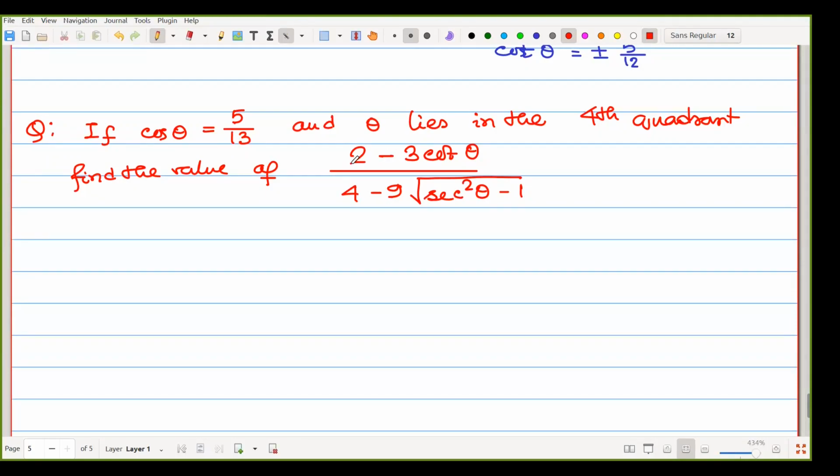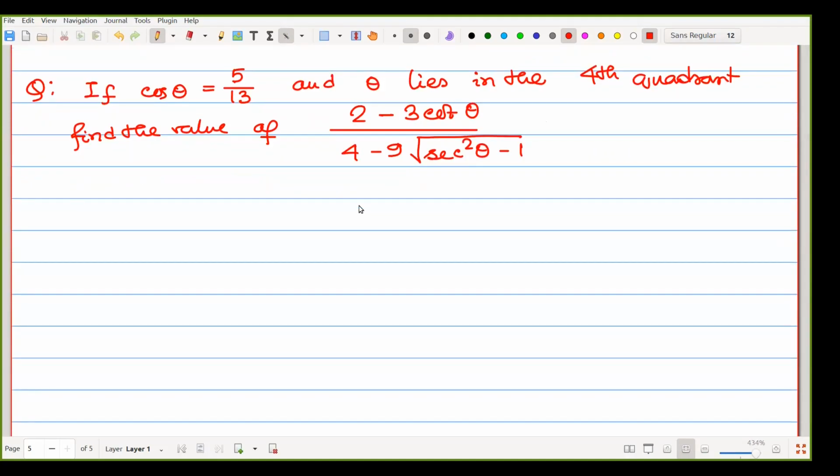Here also cos theta means base by hypotenuse. So once again we are drawing the right angle triangle here. According to that, cos theta means base by hypotenuse, and that has been given 5 by 13.